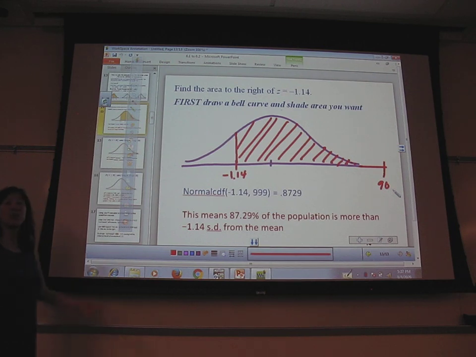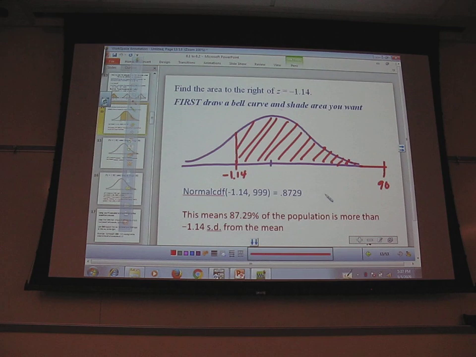So pick your age or your grandmother's age, somebody who's not a toddler, and you'll be in good shape. So normal CDF of negative 1.14, comma 90, I get 0.8729.